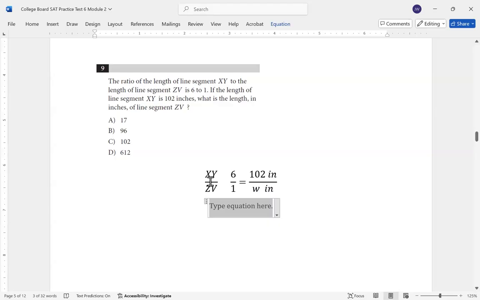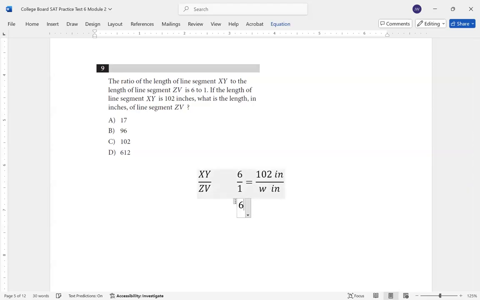And I just have to solve this proportion here. 6/1 is equal to 102 over W. When I cross multiply, W times 6 is 6W. When I cross multiply the other way, 1 times 102 is 102.